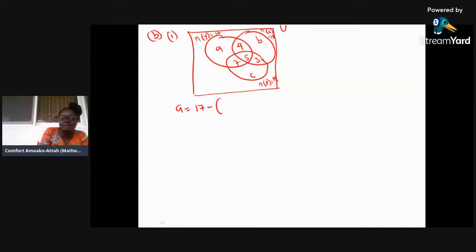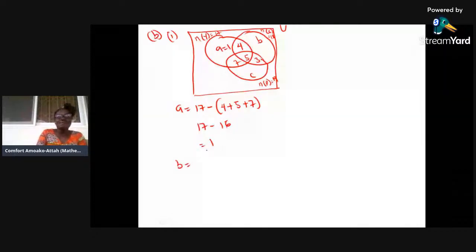This circle represents the number of women who sell yam, but only yam is our A. So this will be 4 plus 5 plus 7. So we have 17 minus 16, which is 1. So we have A to be 1.